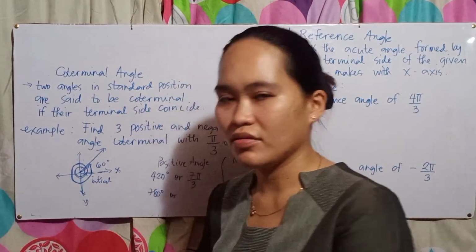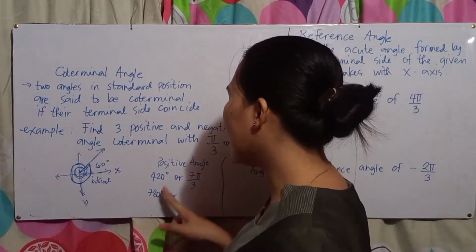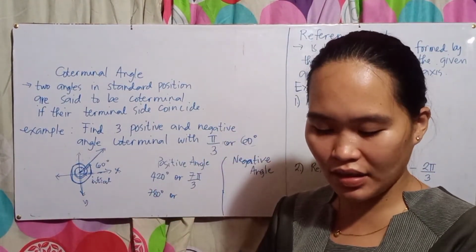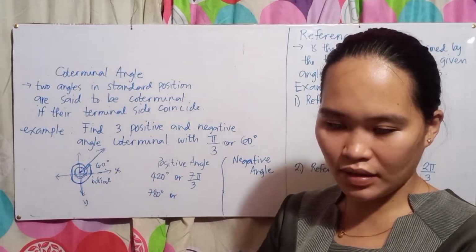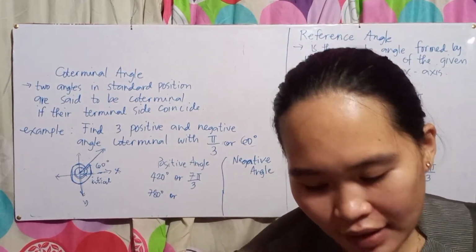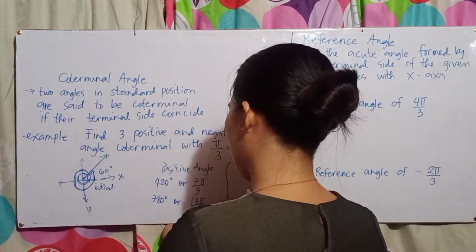Converting into radians, we divide by 180. 780 divided by 180 is 13 pi over 3.